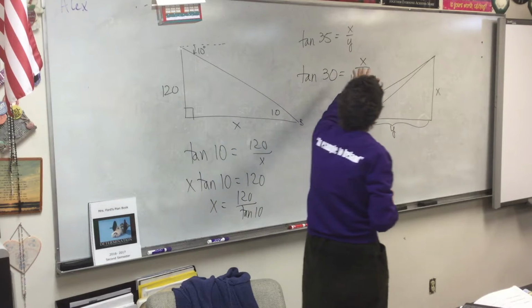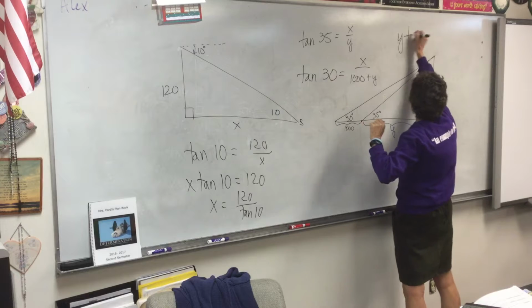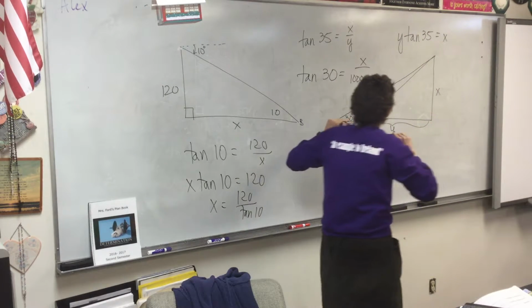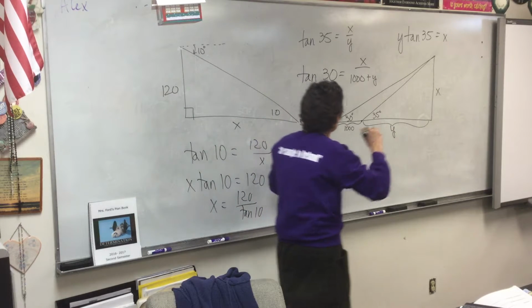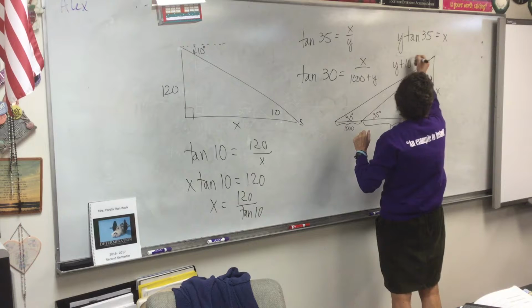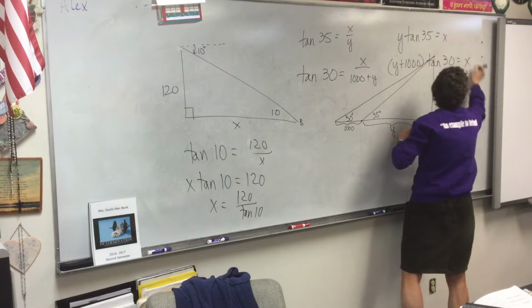So I'm going to go ahead and get rid of that fraction. So y tan 35 equals x, and y plus 1,000 tan 30 also equals x.